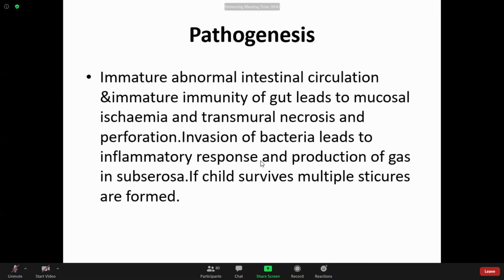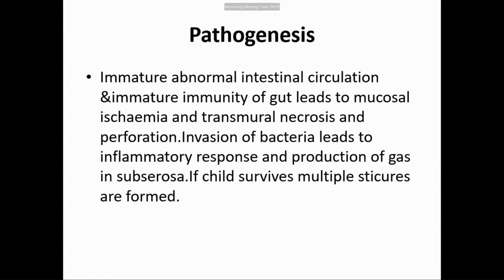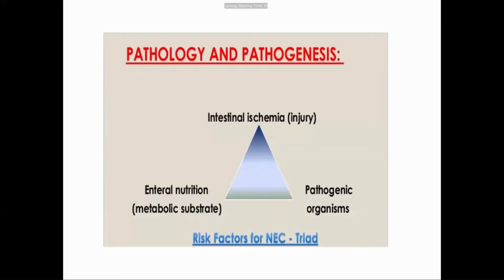So there are multiple strictures in the intestine. Mainly it is abnormal intestinal circulation and immature immunity. So these are the intestinal ischemia, pathogenic organism, and enteral nutrition, that is artificial feed. So these are the triangle. At least you should remember this.